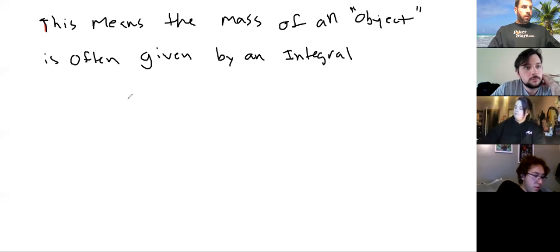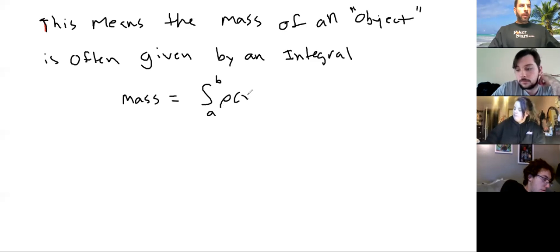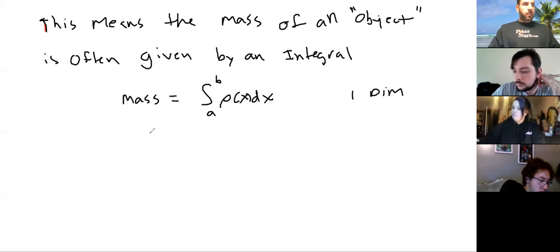So if we're in one dimension, what is the mass? The mass is often an integral from A to B of rho of x dx. So that would be the mass of a one-dimensional object.